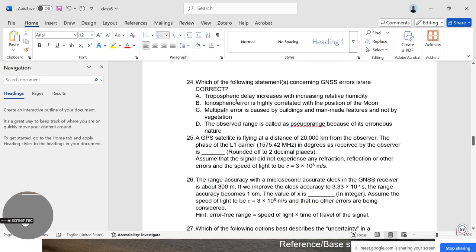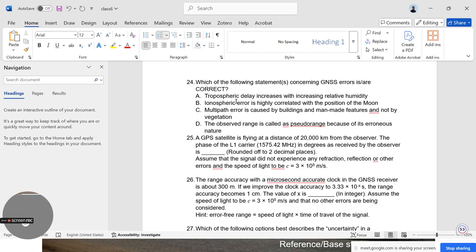The next question is, which of the following statements concerning GNSS error is or are correct? The first is, tropospheric delay increases with increase in relative humidity. Tropospheric delay is because of the tropospheric part of the atmosphere where dry and moist gases are present.